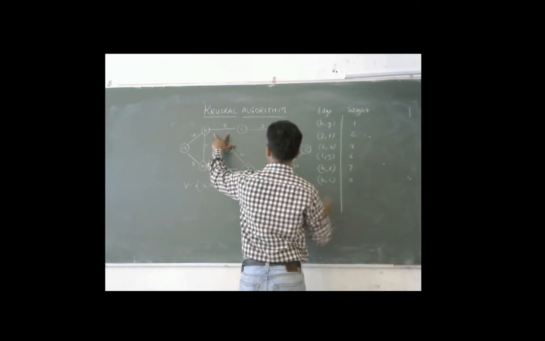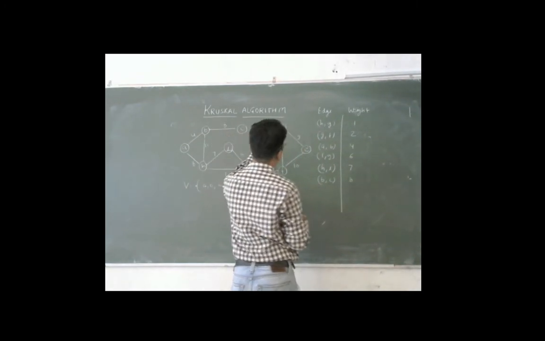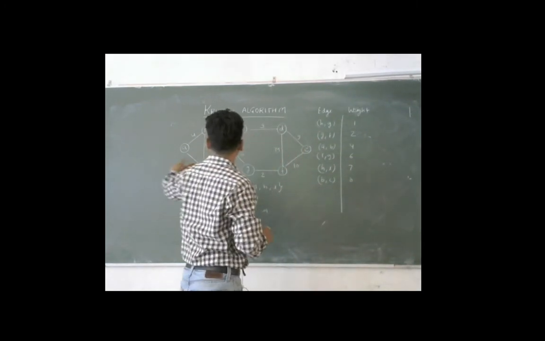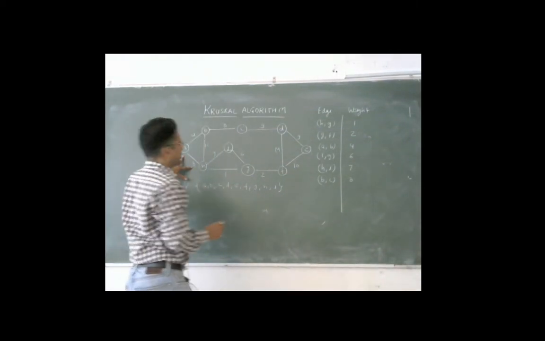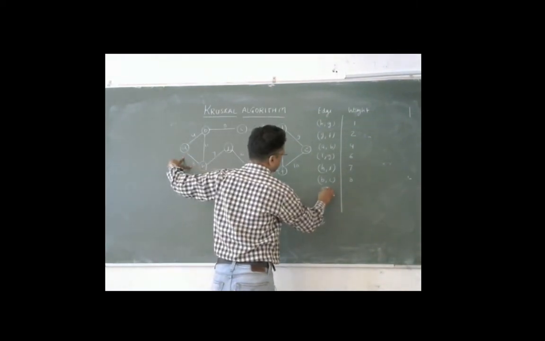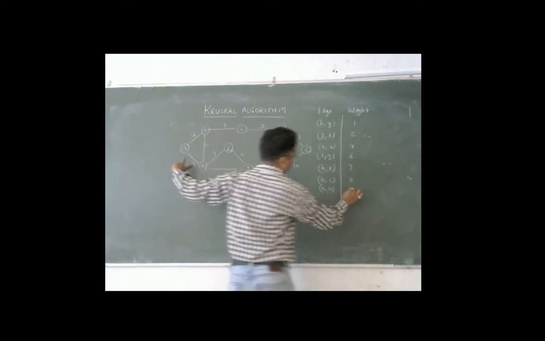EC equals 8. Now there are 2 edges of weight 8. AH is also of weight 8.